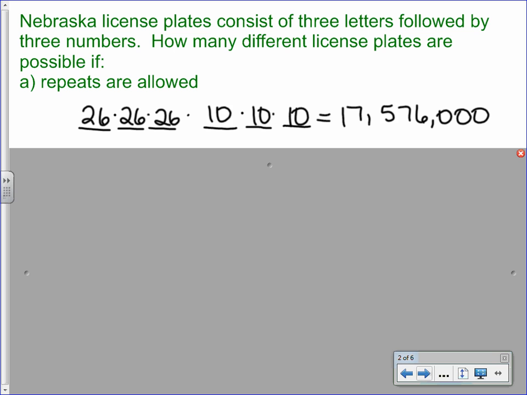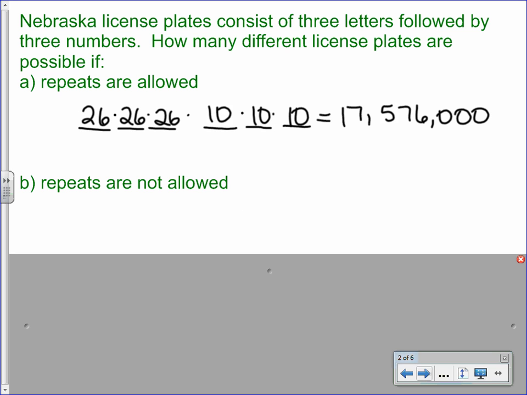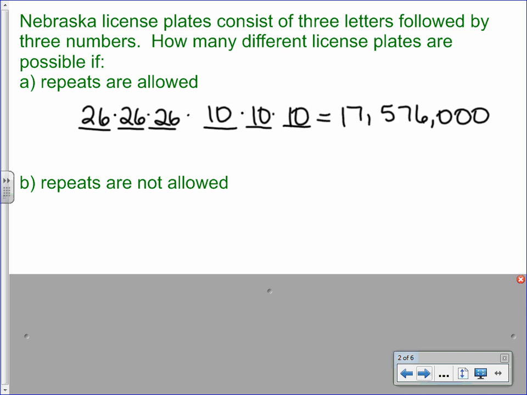Okay, now Noah foreshadowed this. Repeats are not allowed. So our 3 letters, we have 26 to choose from first, but then what? 25 because we've already used one, and then our third letter, 24 because we've already used 2.